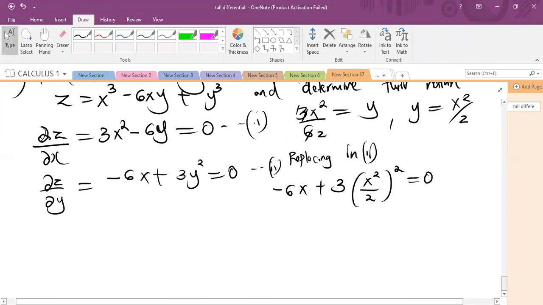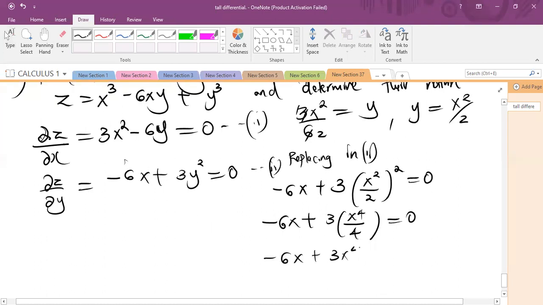Okay, so what does that give if we simplify? This is going to give minus 6x plus 3 into x raised to power 4 over 2 squared, which is 4, is equal to 0. So this is minus 6x plus 3x raised to power 4 over 4. Okay, fine.